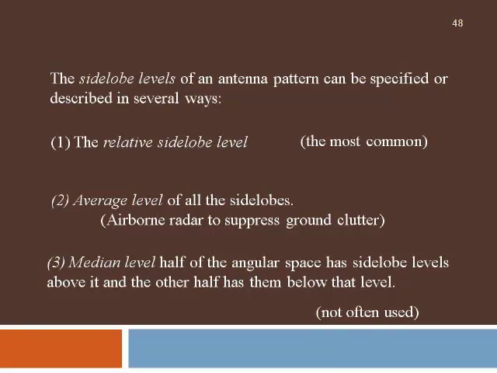The other one is the average level of the side lobes. The third one is the median level. Half of the angular space has side lobe levels above it, and the other half has them below that level. This is not so popular. The first one among these is the most popular parameter in use.